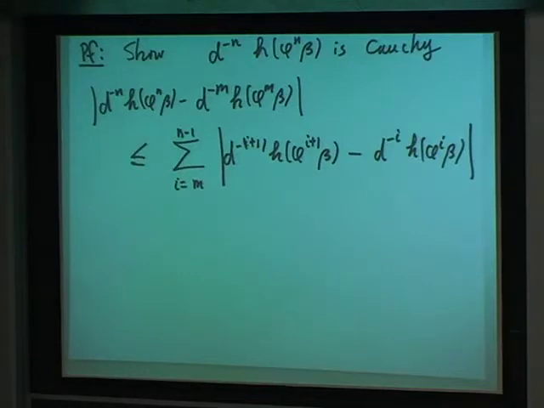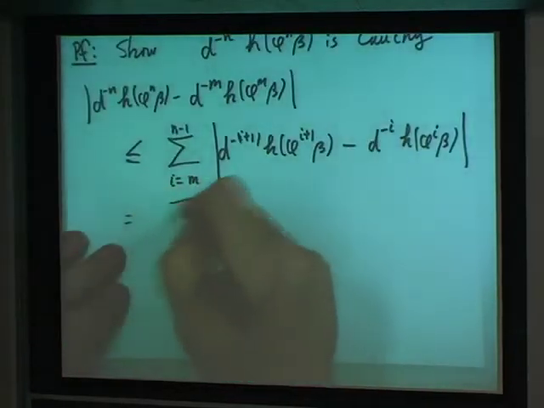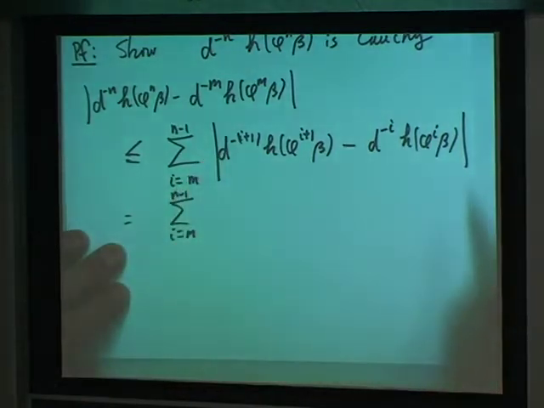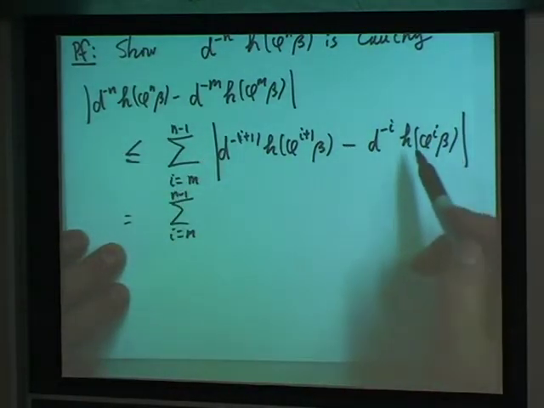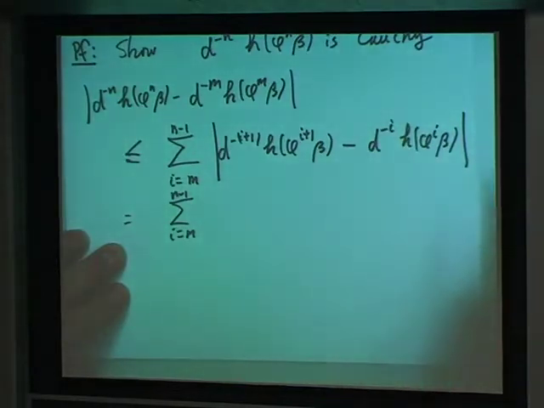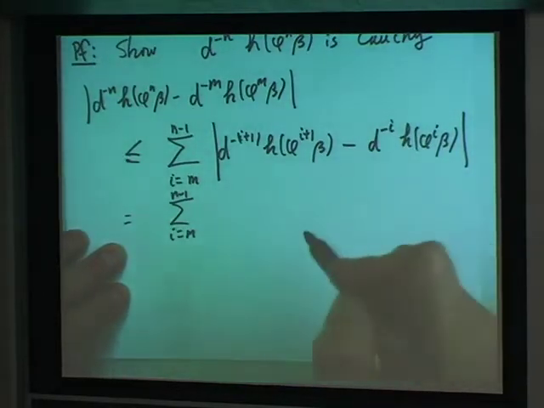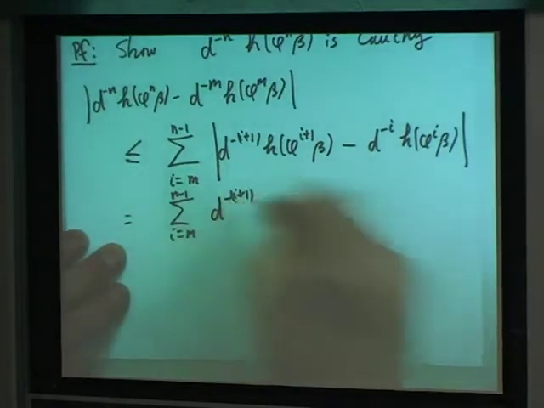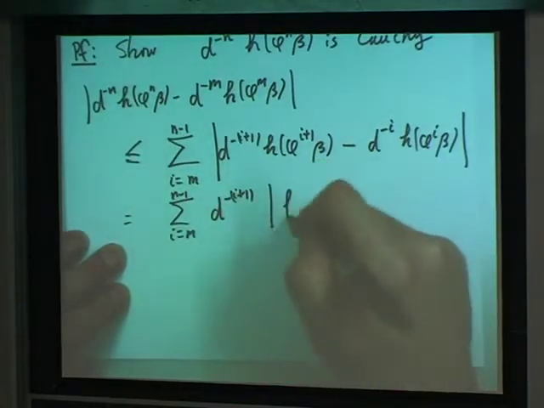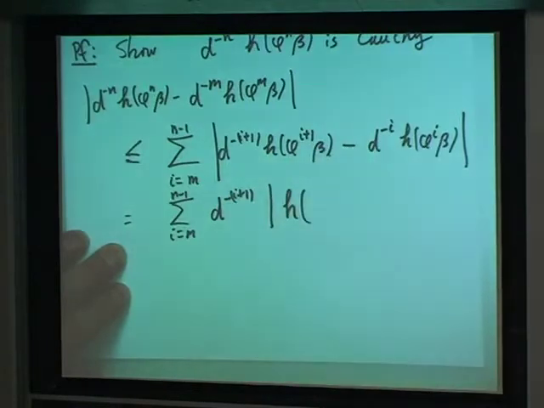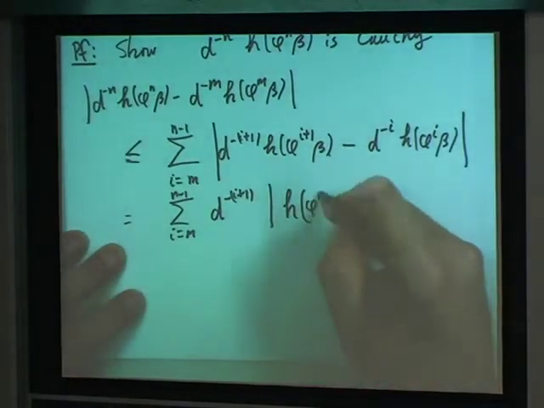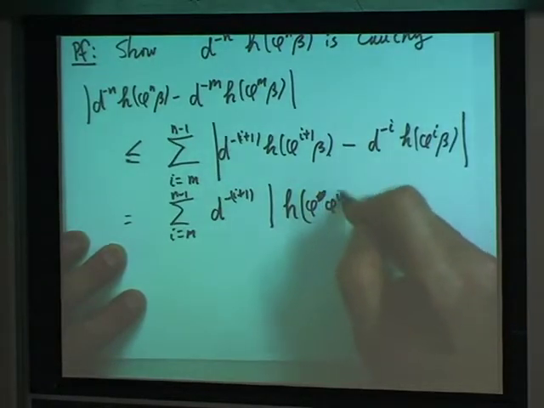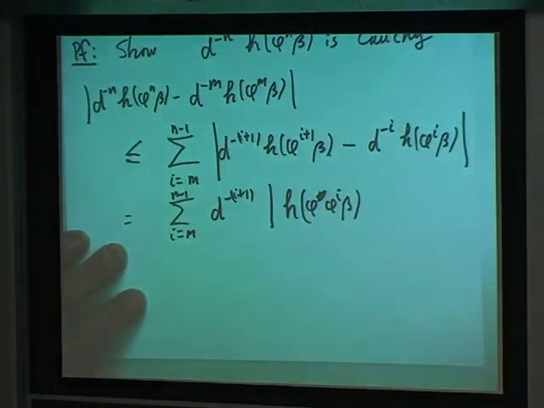Okay. So this is the sum i equals m to n minus 1. Let me pull a d^(-(i+1)) out. All right? So I get the height of phi^(i+1)(beta) that I'm going to write as phi of phi^i(beta).